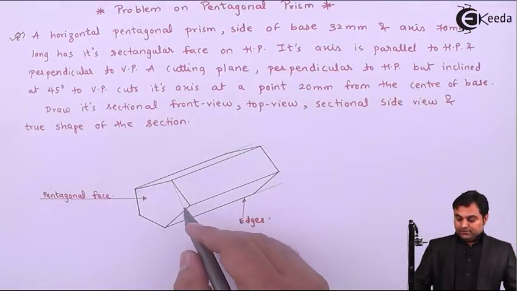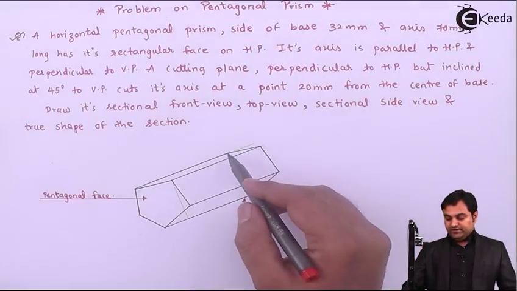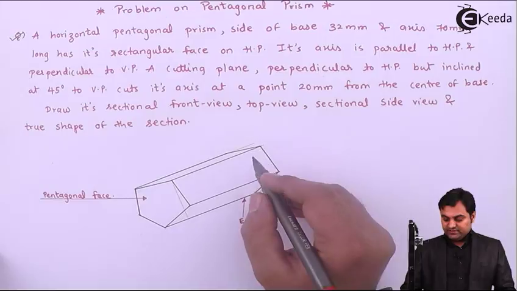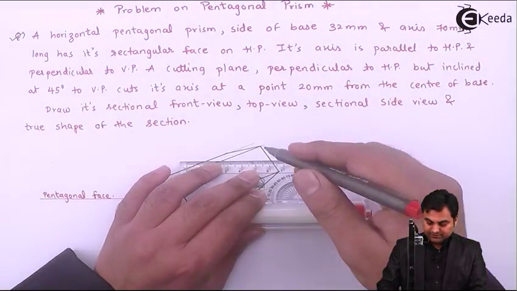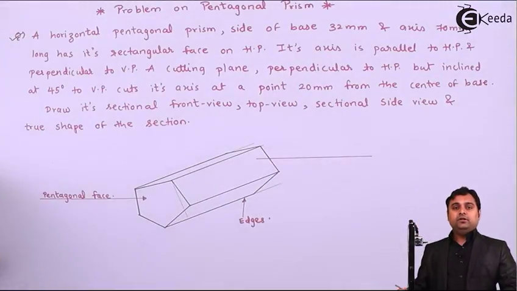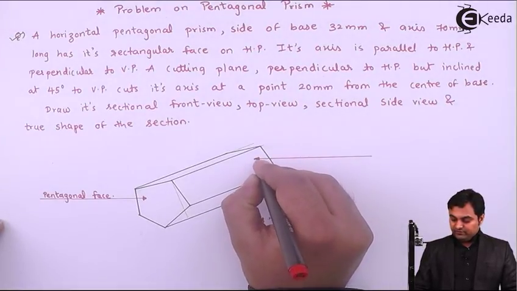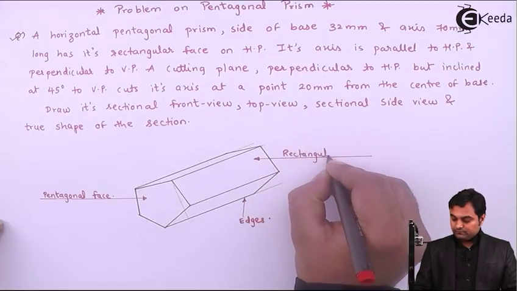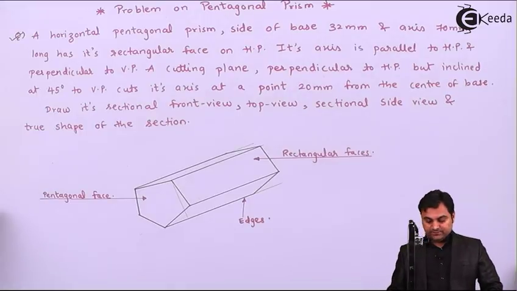Then here there are 5 corners of this pentagon connected with the other 5 corners of the pentagon on the other side with the help of straight edges, and these edges are forming rectangular faces. So when we have a pentagonal prism, then in that case we are going to have 5 rectangular faces. So these are the rectangular faces.